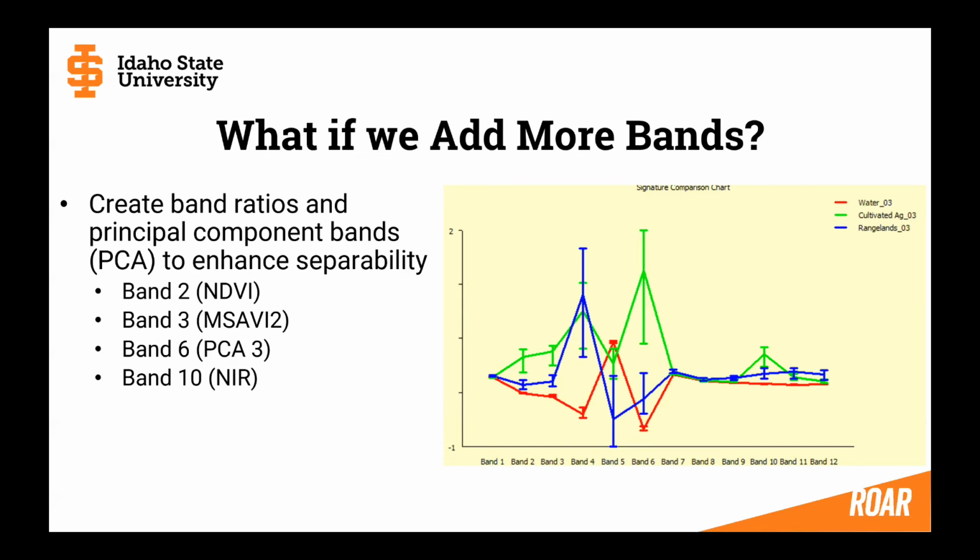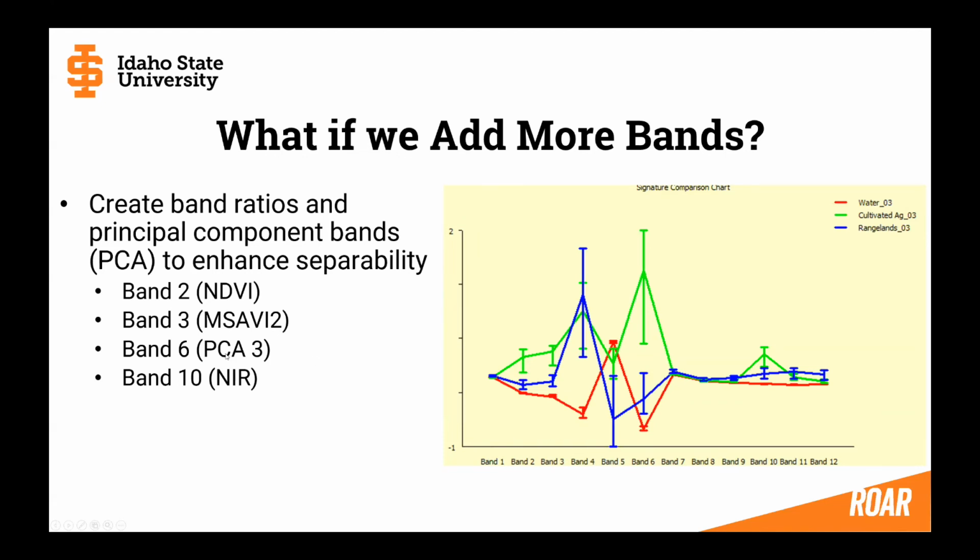So now what we have here is good separability with band 2, that happens to be a normalized difference vegetation index. That's a simple band ratio. We have good separability with band 3. Notice that they don't overlap anywhere. That's our MSAVI2, modified soil adjusted vegetation index version 2.